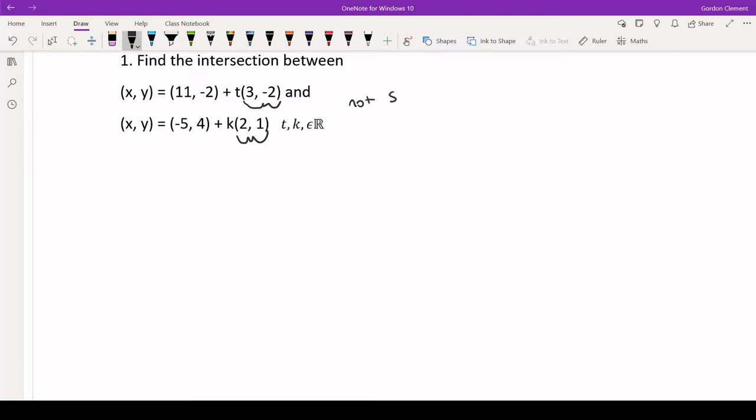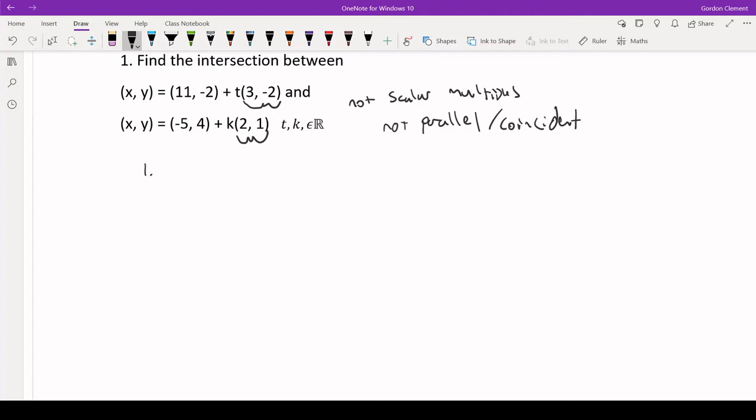Those are not scalar multiples, which means we're not parallel. And if we're not parallel, we're definitely not coincident as well. Which means these lines, because we're in 2D, have to cross. They're not parallel. There's no depth to miss each other. They're going to have to cross.